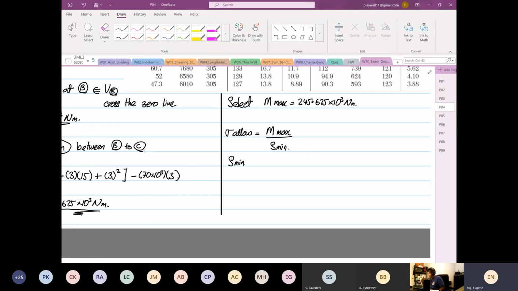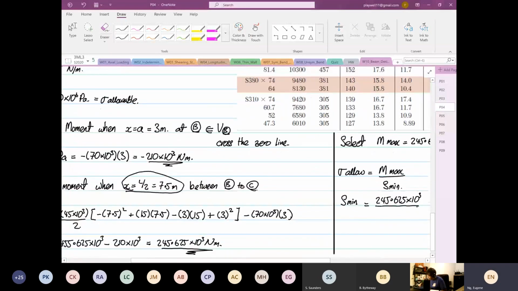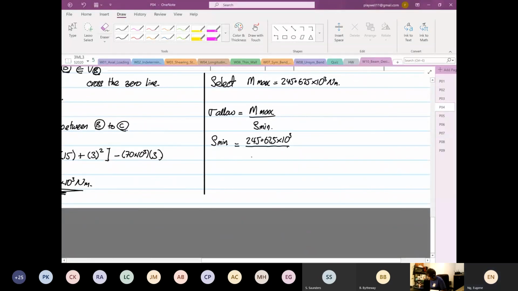You have to go above that. Okay, so this will be equal to 245.625 times 10 to the power 3. And we have decided to use a piece of steel that has allowable stress of 160 times 10 to the power 6.